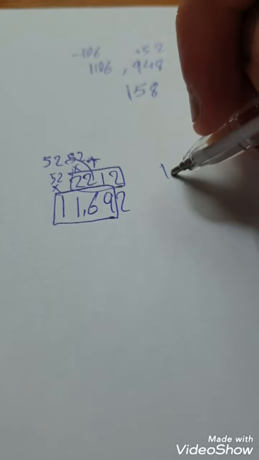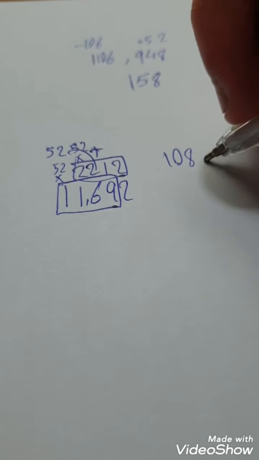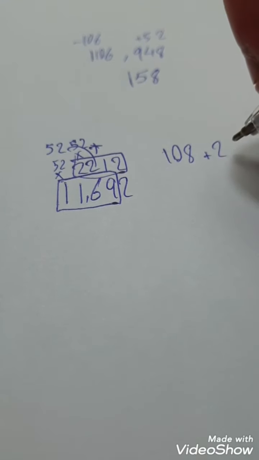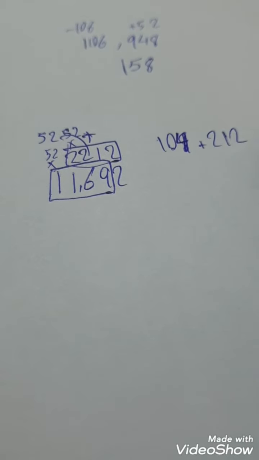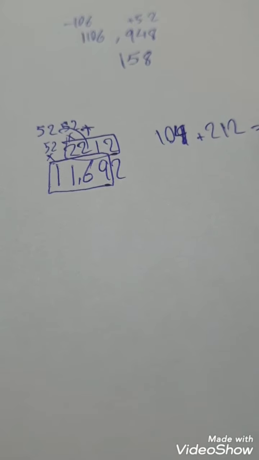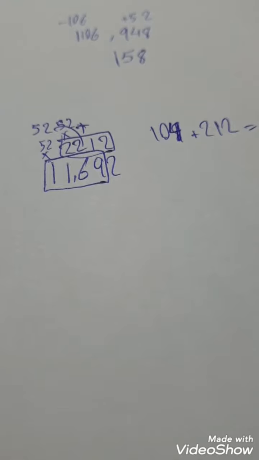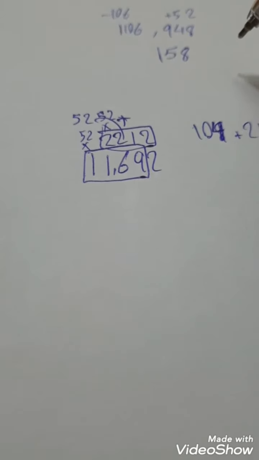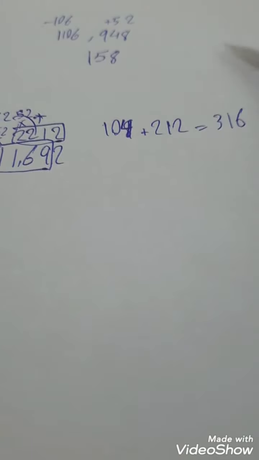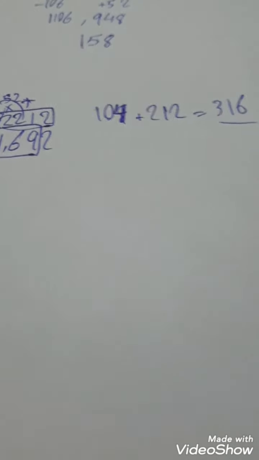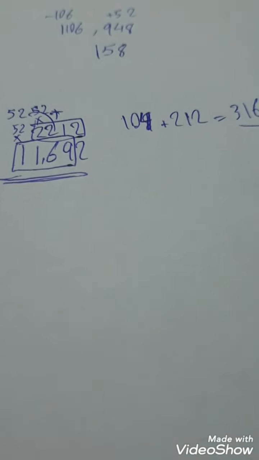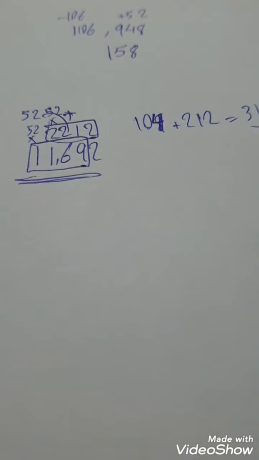So this will be 108 plus 104, plus 212, which will equal 316. So obviously 316 is the double of 158, and this 316 is divisible by 158, which means that this whole expression is divisible by 158.